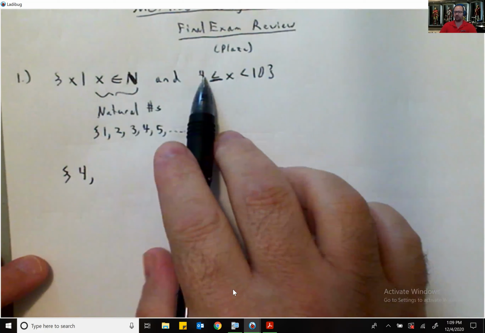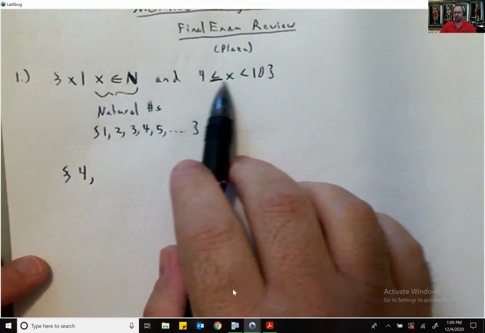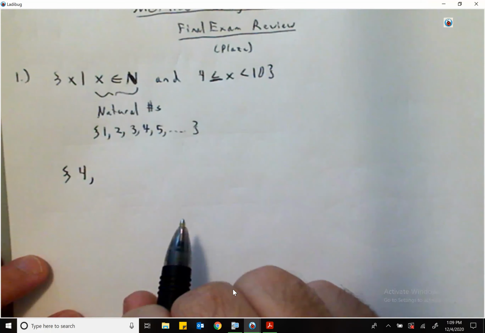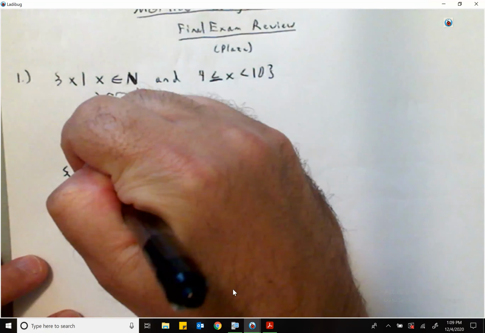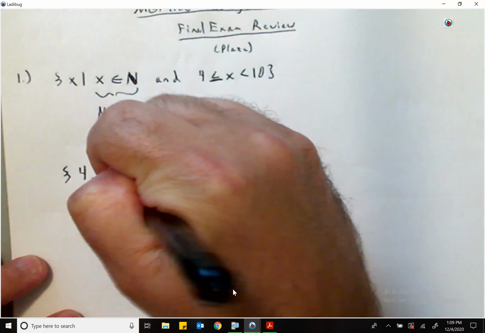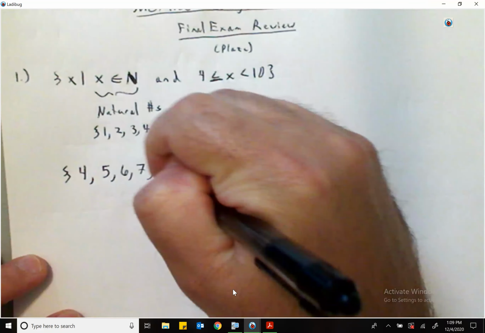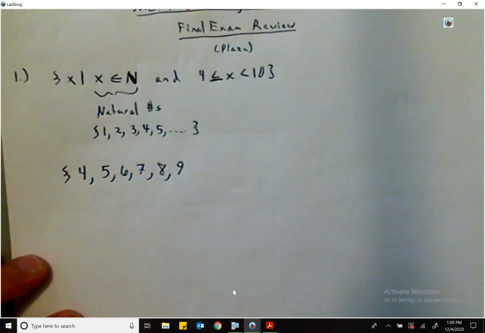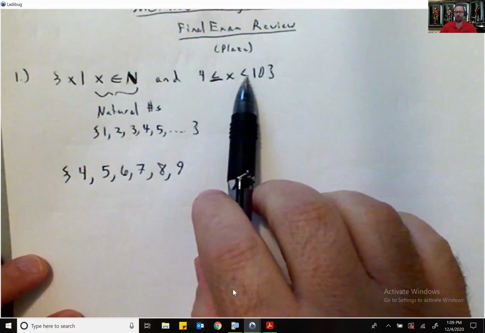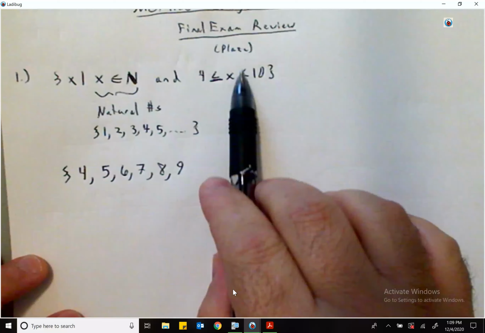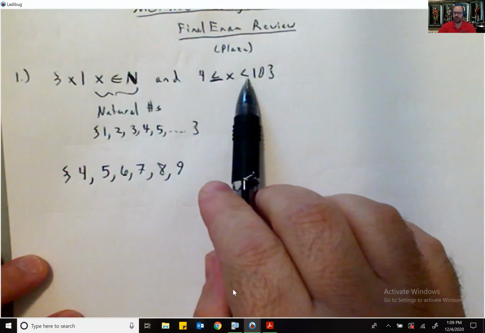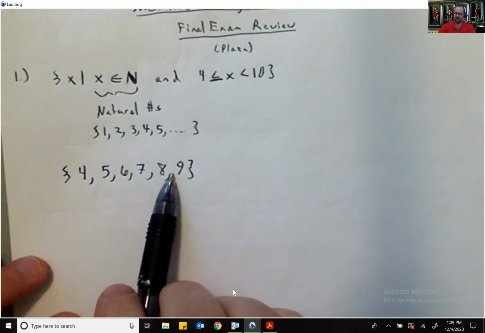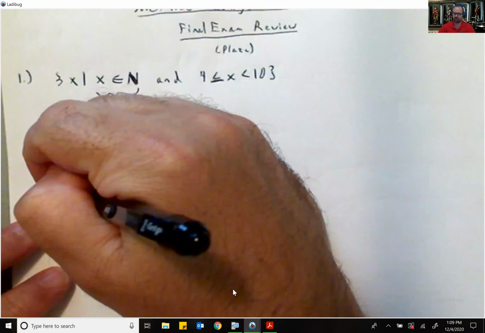So what's the next number we're going to start including in here? 5. Keep it going. 6, 7, 8, 9, and 10. So that's the question. Do we like 10? No, because it's not equal to. So you had it: 4, 5, 6, 7, 8, 9. That is the roster.